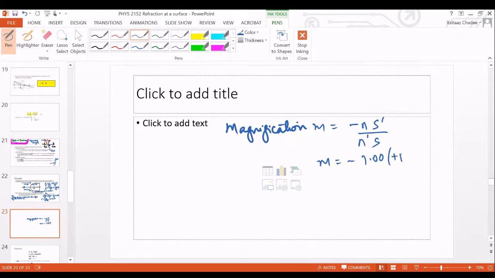S prime here is positive 11.26 centimeters, divided by n prime, which is the refractive index of the second medium, which is 1.52, and S is the object distance, which is plus 8.00 centimeters. When you work that out, you get linear magnification to be minus 0.93.